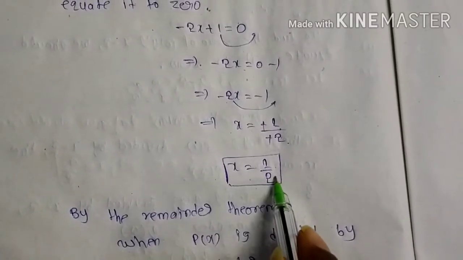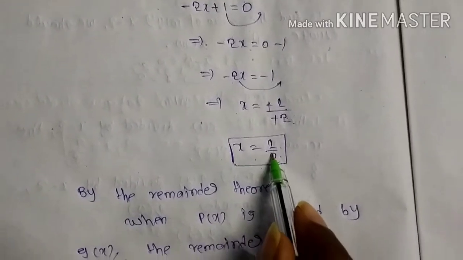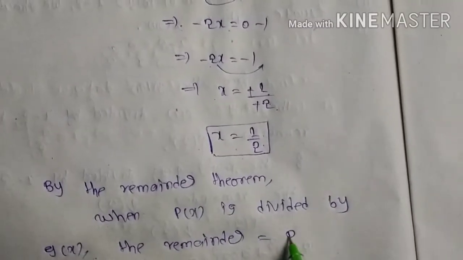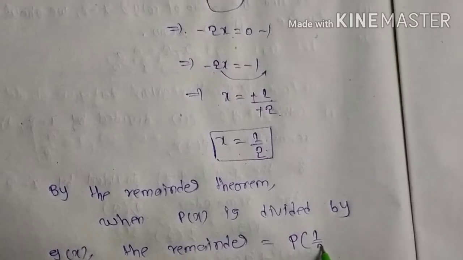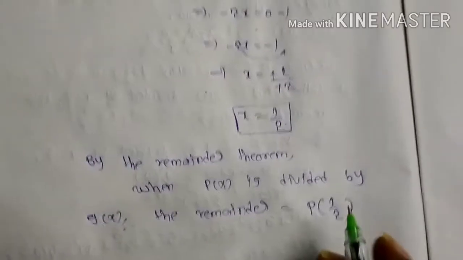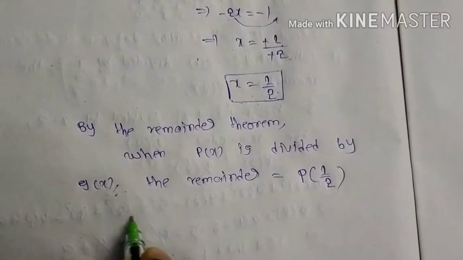You have taken 1 by 2. What is the zero of polynomial g of x? 1 by 2. So you can take the remainder as P of 1 by 2. That means just replace x by 1 by 2.